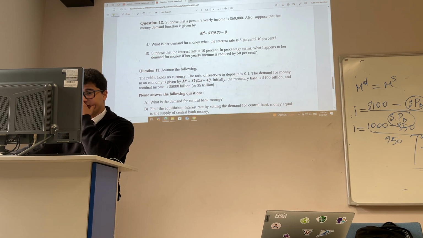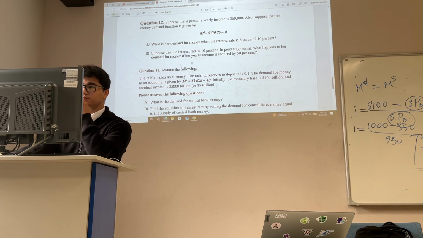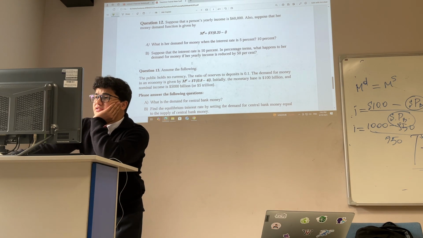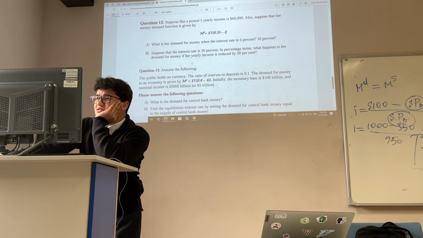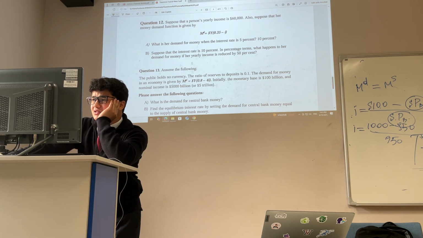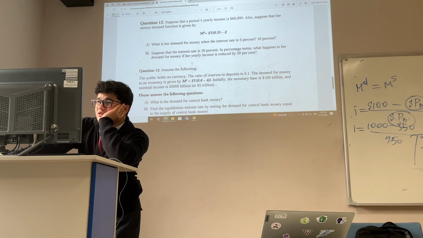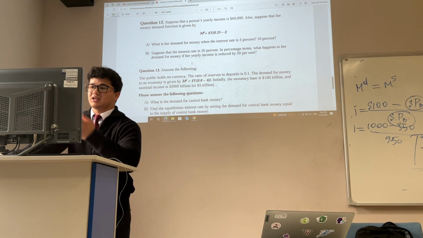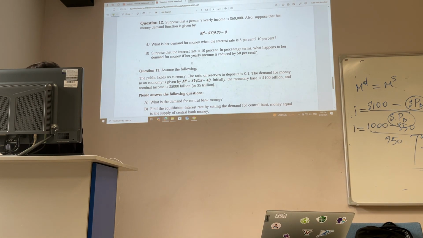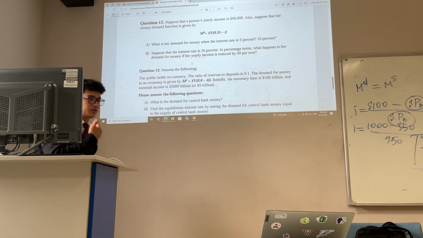Exercise question 12. Suppose that a person's yearly income is $60,000. Also suppose that her money demand is given. The demand for interest rate is 5%, 10%? Just plug in, guys. Income is given, the interest rate is also given. Just try to solve it by yourself, and I will help you if you cannot.